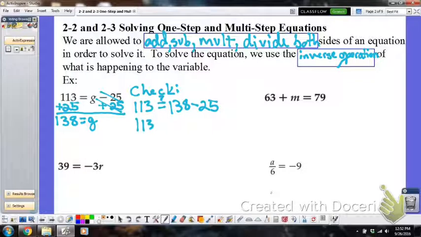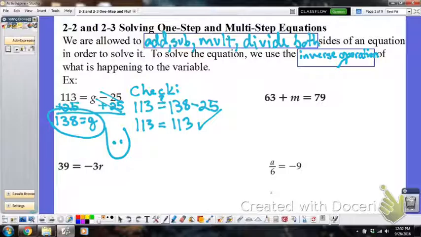So 113 should be equal to that, and 138 minus 25 is 113. That is correct. So my solution is 138 is equal to g, and I know I'm right, so that means I get a mathematical smile because we know we are right.